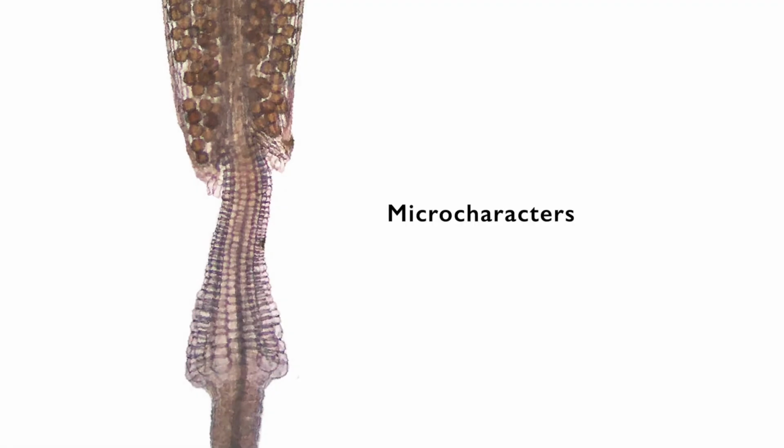There's not a real definition of microcharacters. When people first started to use these sort of characters, or at least in our time, they were not very specific about the scope of the microcharacters, but I guess that it's pretty safe to say that microcharacters are those that can be seen under the compound microscope or higher magnification.